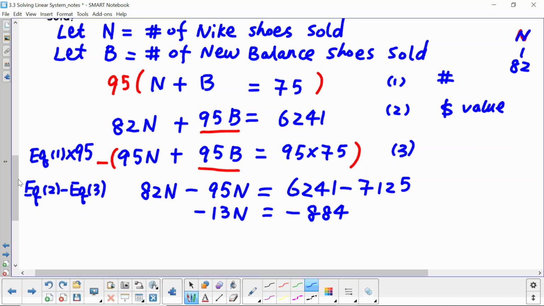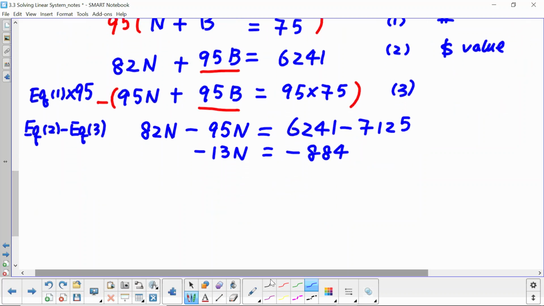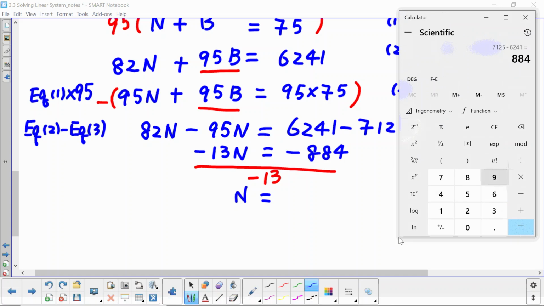Then in order to solve for n, we need to get rid of the negative 13. Then negative 13 divided by negative 13 gives you 1n. Then 884 divided by 13 gives you 68.